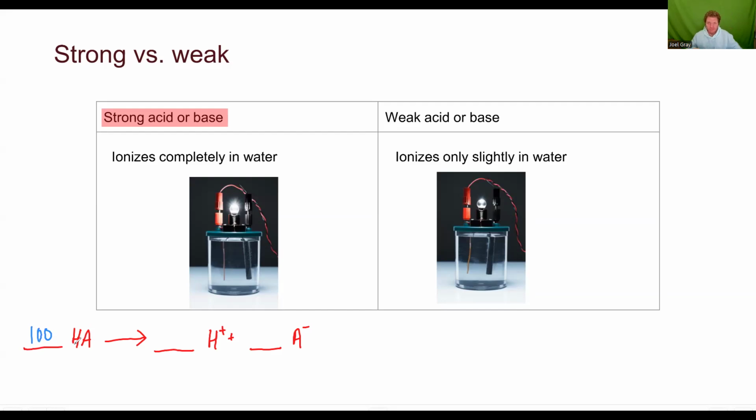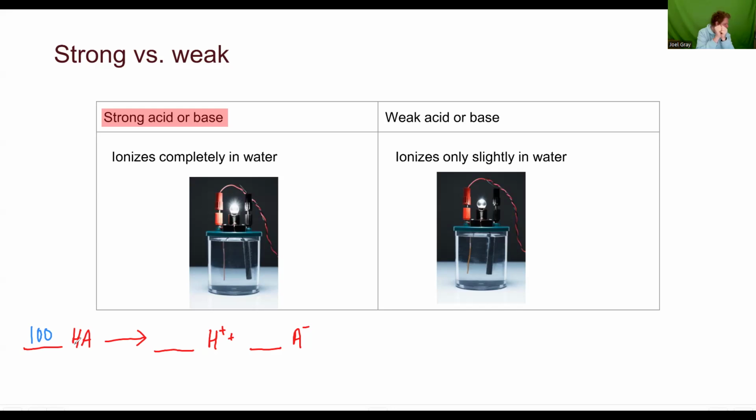And let's imagine that that's a solid. Whenever I add that to water, since this is a strong acid, it will completely ionize or completely dissociate. So imagine that my right and left hands are coming together to make HA. So I've got 100 combos of these. Every single one of these is going to separate.